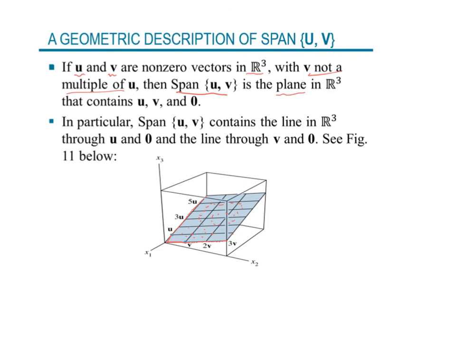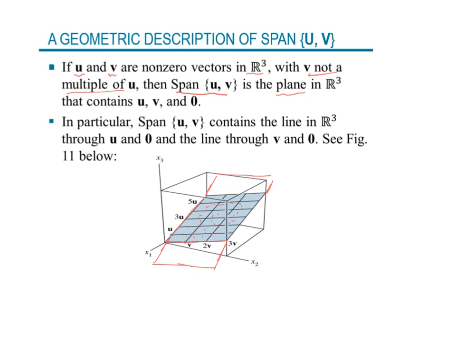We could extend this rectangular plane in all directions. This is just a small section of the plane that is generated by u and v. It would go in the negative direction too, in all directions, but a plane through three-dimensional space is the span of those two vectors.